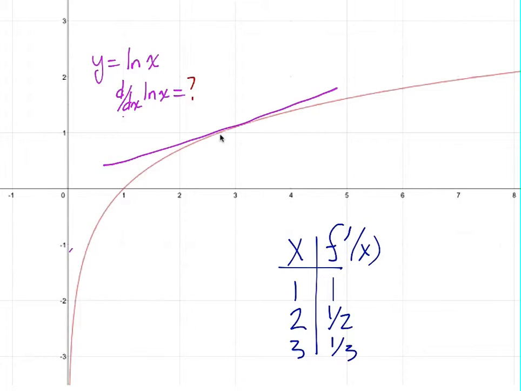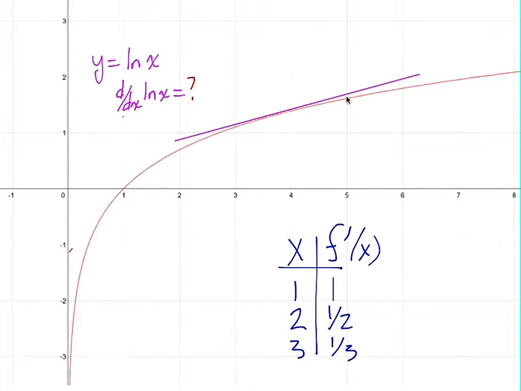And by now you should be able to guess what we think is going to happen when we are out at 4. And again, drawing our tangent line, that one's pretty accurate. If my grid lines were a little bit more precise and I was counting squares, I would end up going up 1/4.